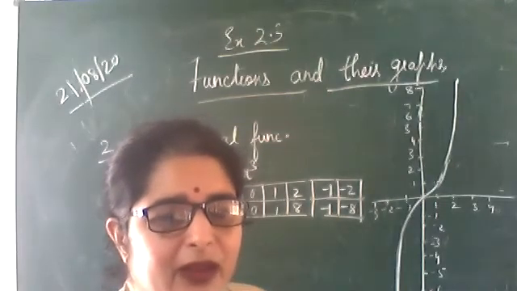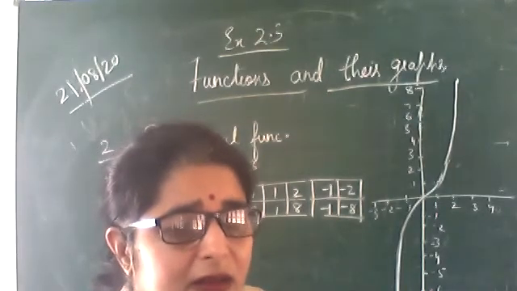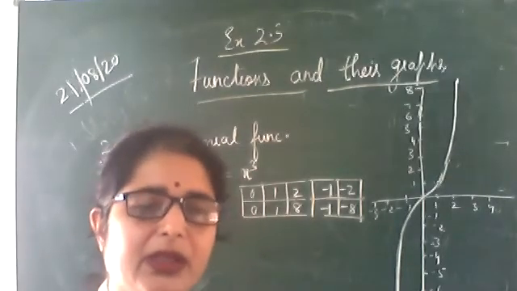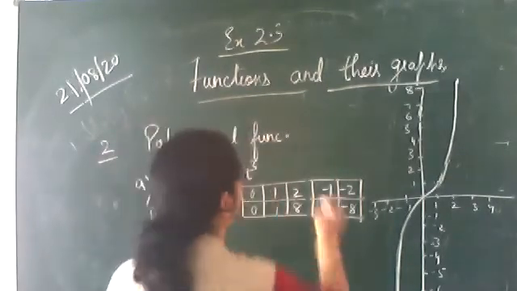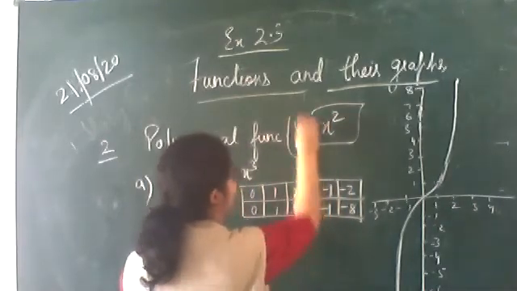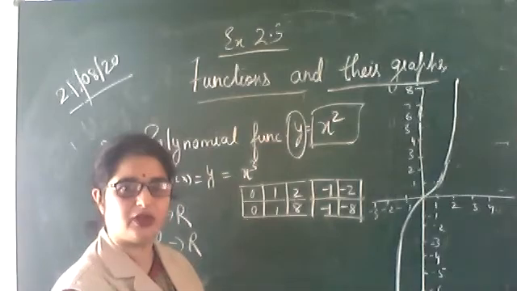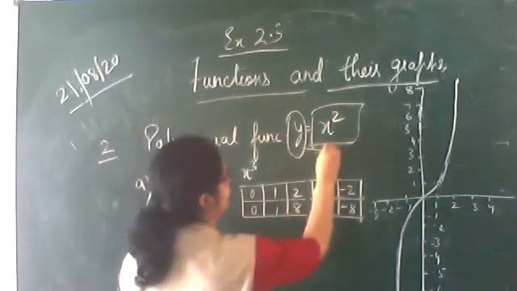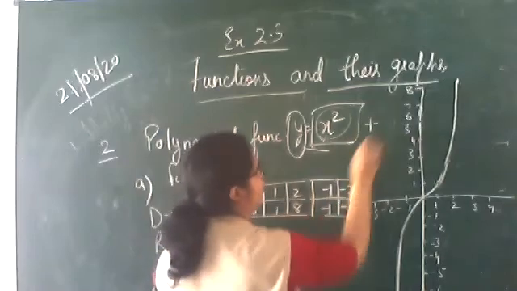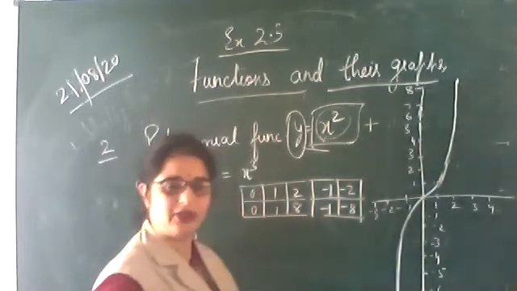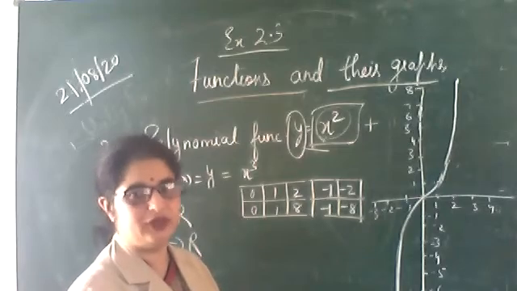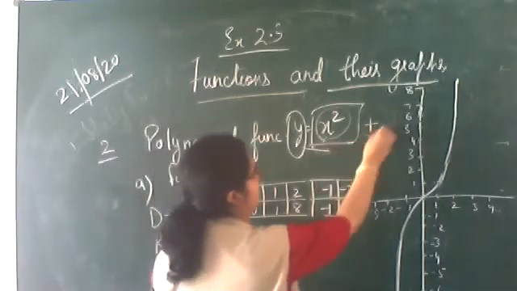Ma'am, what is the range of x square? What is the range of the x square polynomial function? Y is equal to x square. Range is what? Values of y. From here only you can see x square means all positive numbers. Whatever real value of x you will keep, you will get a positive real number only.